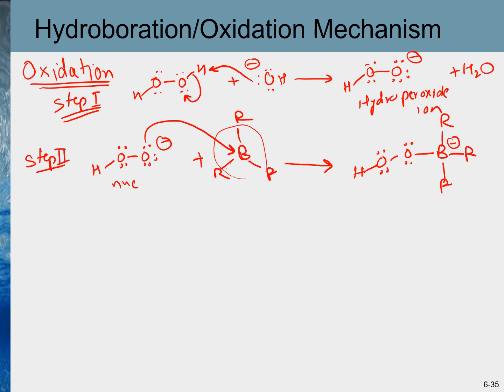This step is followed by a rearrangement. In this rearrangement, the alkyl group moves from the boron to oxygen, and the hydroxide group leaves.